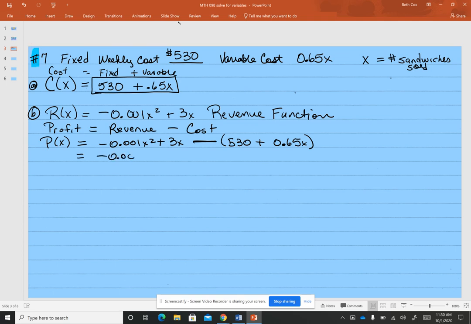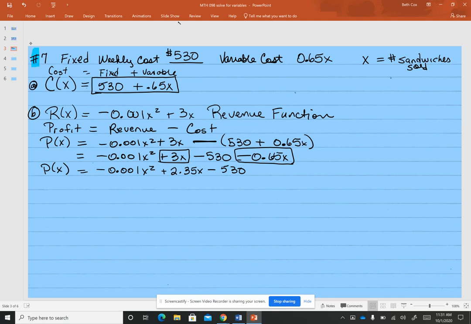We distribute the minus sign, and then we have two like terms. We combine those like terms and we get negative x squared plus 2.35x minus 530. This is part B, our profit function.